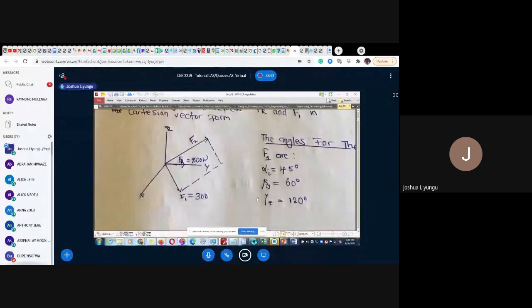We have been given alpha, beta, and gamma. You have been told that the magnitude is passing along the positive y-axis.